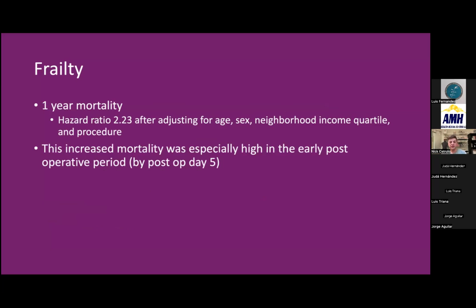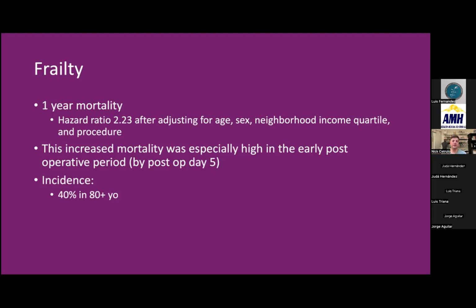And interestingly, this increased mortality was especially high in the early postoperative period. There was a steep increase in mortality in the first 5 days post-op, and then it leveled off around day 90, returning to the normal range for the average patient.